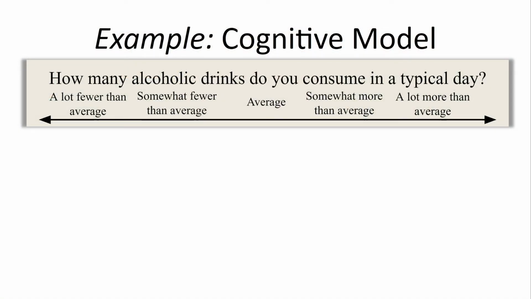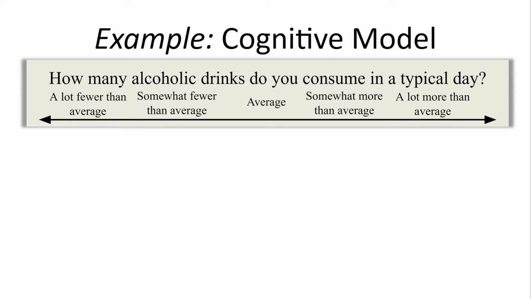On a survey, you may have seen a question like this before. How many alcoholic drinks do you consume in a typical day? And then you can see our five answer options are a lot fewer than average, somewhat fewer than average, average, somewhat more than average, and a lot more than average. So it seems pretty straightforward, right? Participants are just being asked, how much alcohol do you consume in a typical day compared to average?